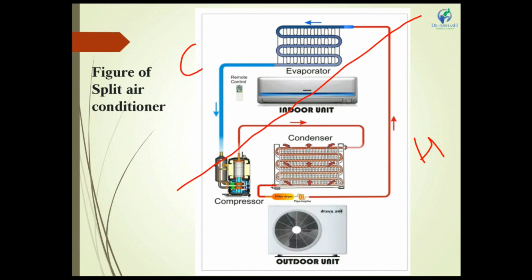Energy losses mean that if you place the four components in a single chamber, heat is interchanged internally, so heat loss is generated. But when we split, the cooling components are separate and the heating components are separate. This reduces heat losses and gives higher efficiency compared to the window air conditioning system.